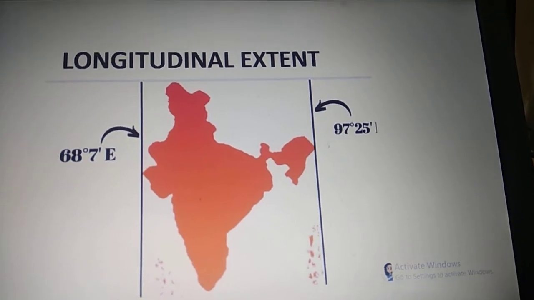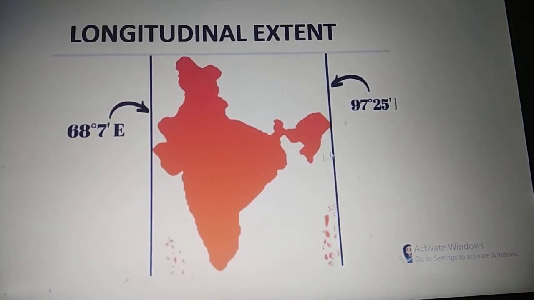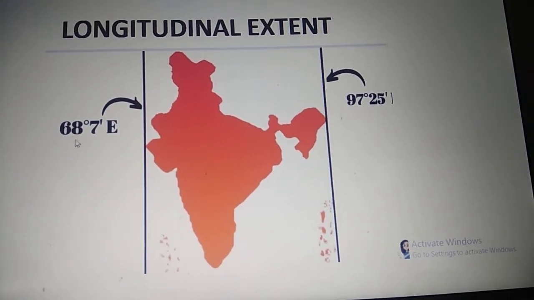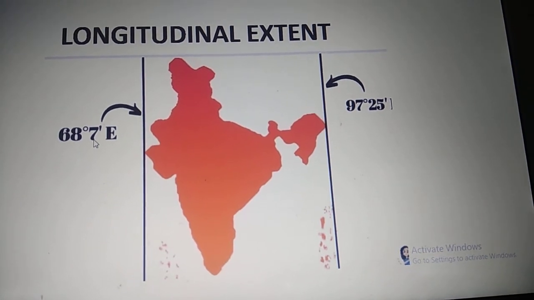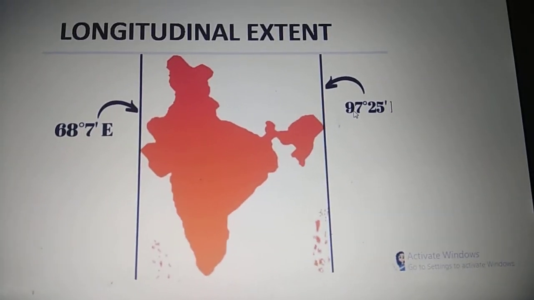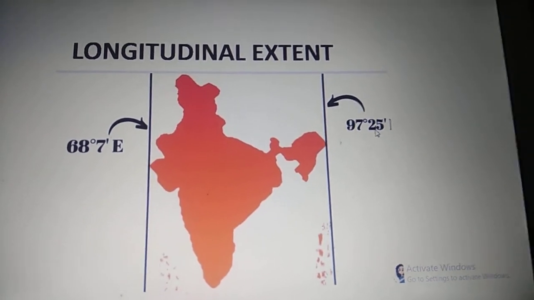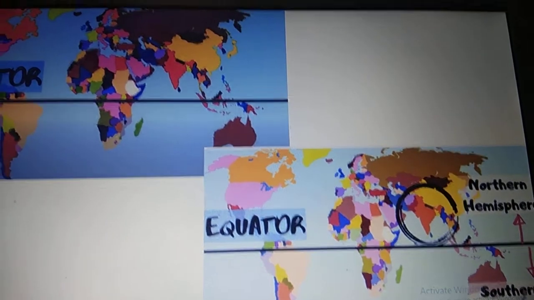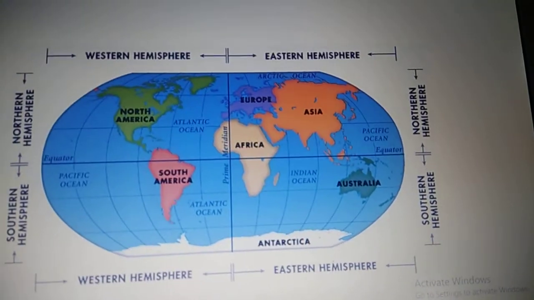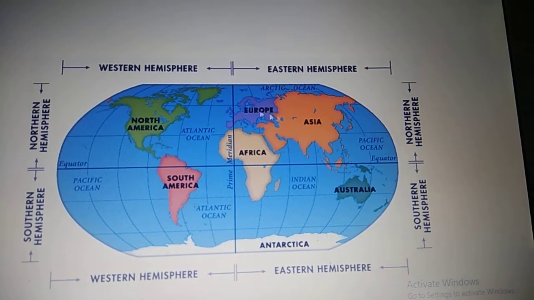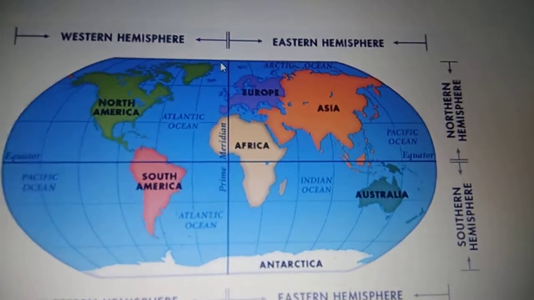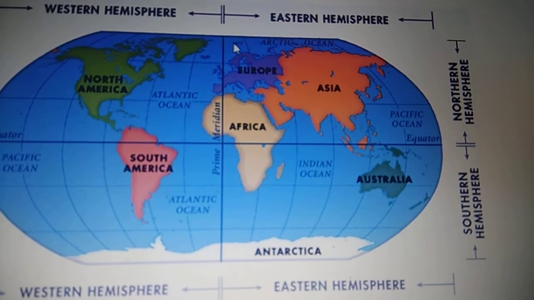Children, now let us look at the longitudinal extent of India. It is 68 degrees 7 minutes east to 97 degrees 25 minutes east. Now how did we get this? Let us see again here. You can see this is the prime meridian, starting at 0 degree, and from here we start counting.